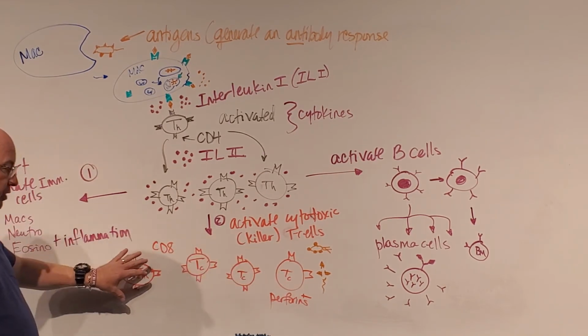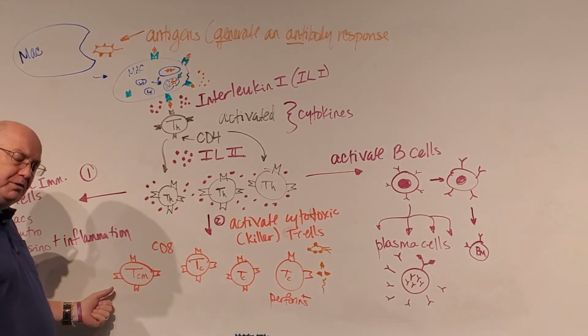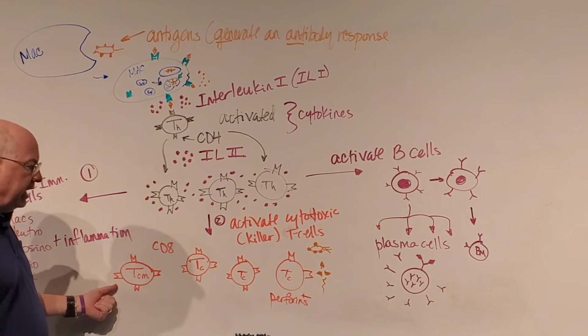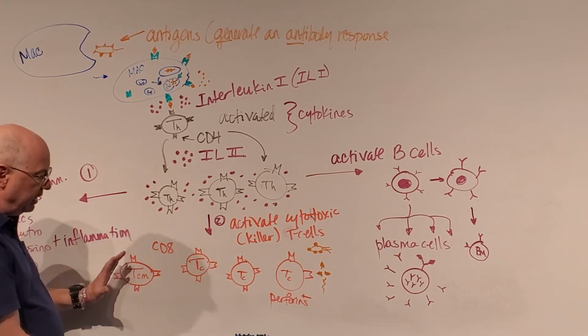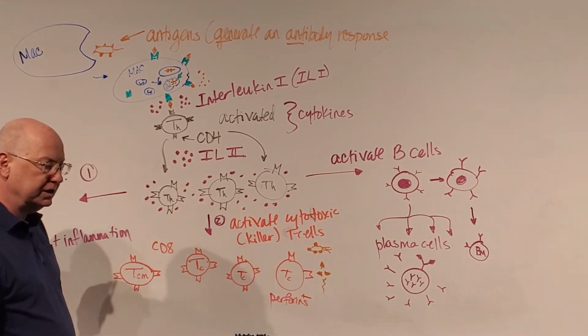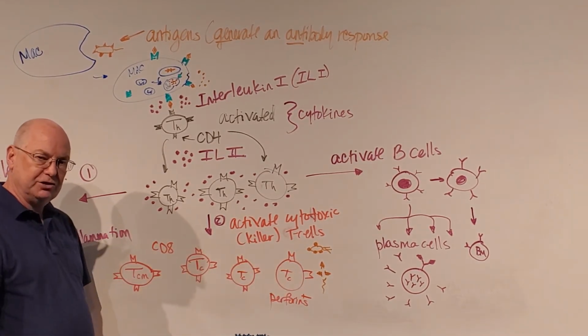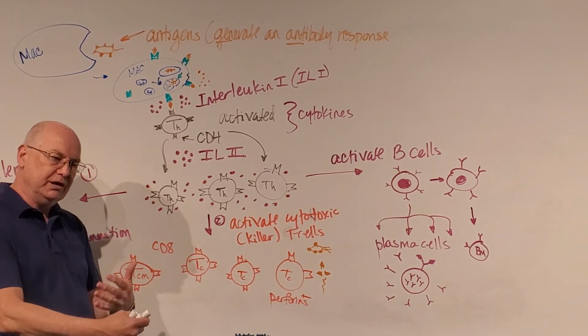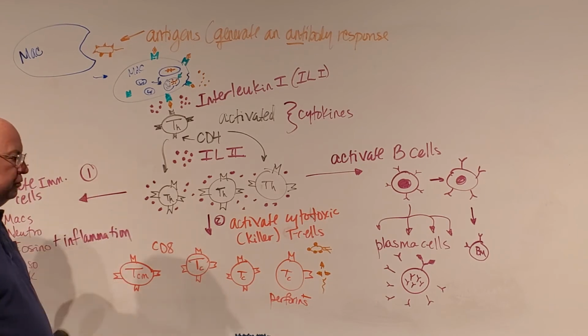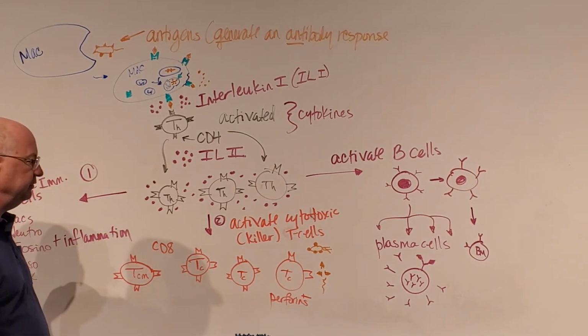Some of them will stick around and not get involved in the fight, but will be called T memory cells. And if that invader comes back into the body a second time, these memory cells can divide into cytotoxic T cells and wipe out the infection again and make some more T memory cells. This is why sometimes if you get exposed to something a lot, you get a stronger immune system. We're going to talk about vaccines in the future.